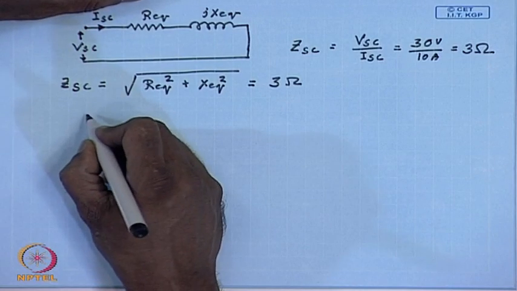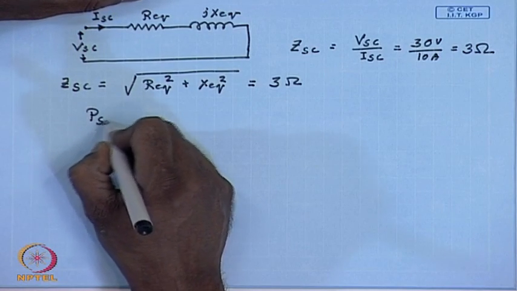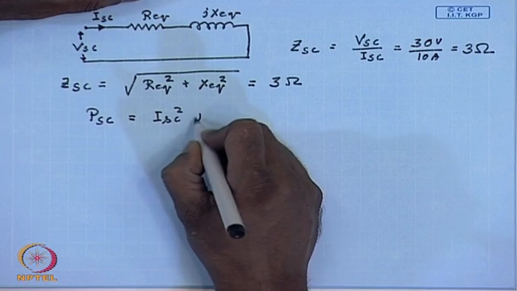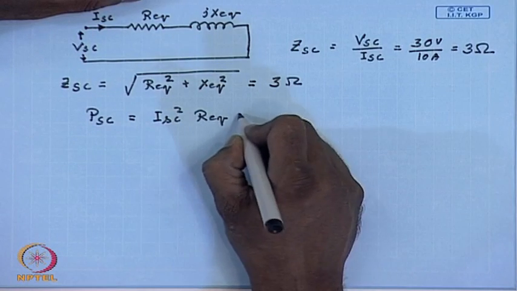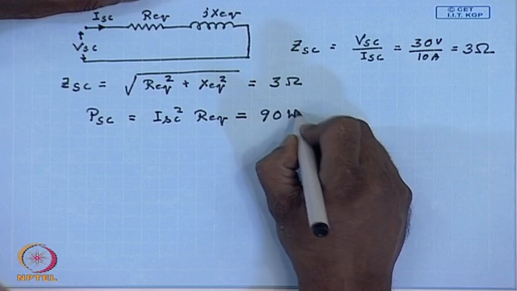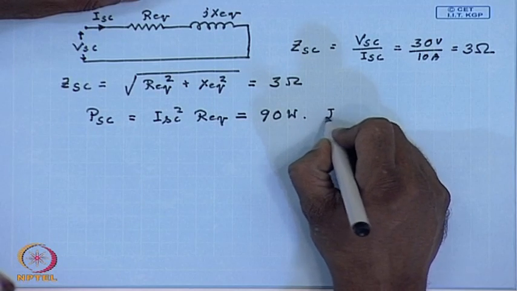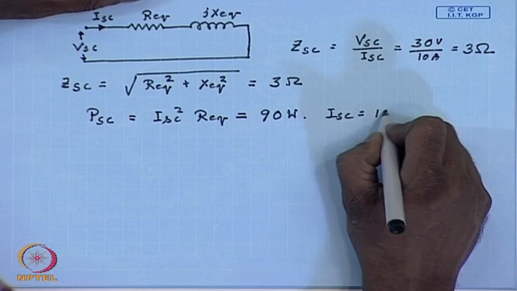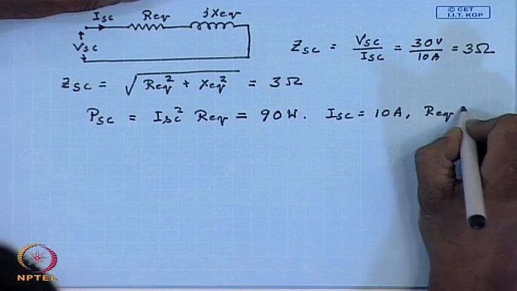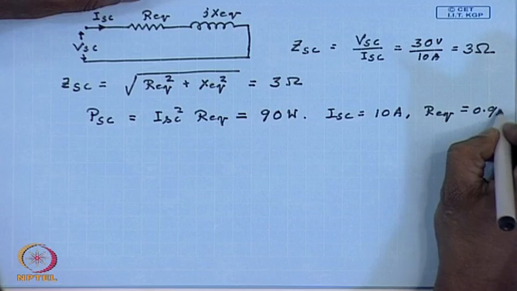Similarly, the short circuit power PSC equal to ISC square Req. This is given to be 90 watts. ISC equal to 10 ampere. Hence, Req equal to 0.9 ohm.